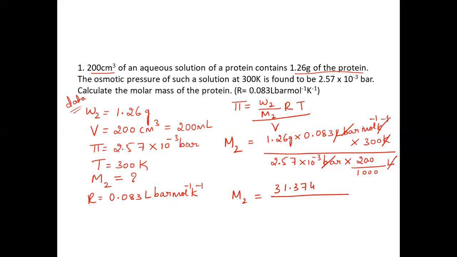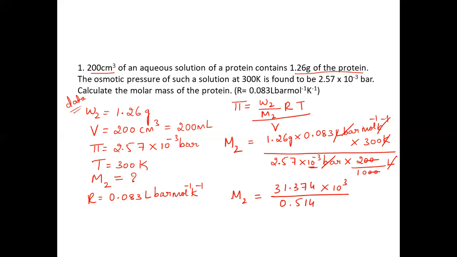Here you can see the zeros get cancelled, 2 by 10 is 0.2. 0.2 into 2.57, so the denominator value is 0.51714. This 10 to the power of minus 3, if it goes to the numerator, becomes 10 to the power of plus 3. So I have taken this exponential form to the numerator.